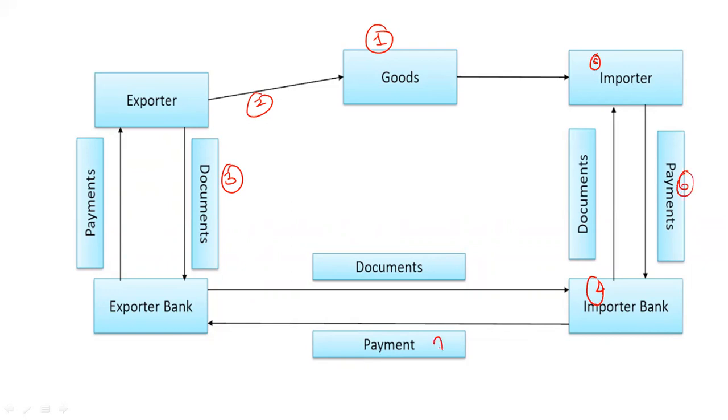This is general. But again, being specific, over here there are two options called at sight and usance. Try to understand the meaning. For example, once you submit the documents, you can get the payment. On submission, you can get a payment.